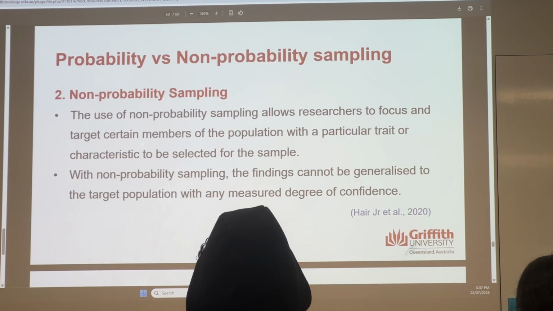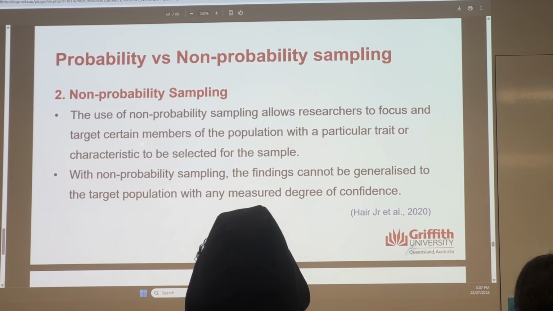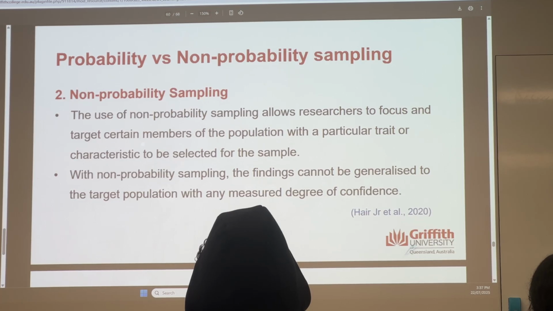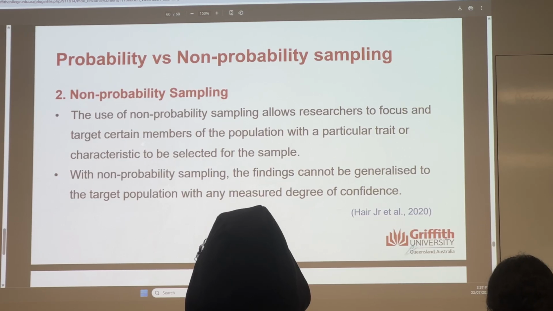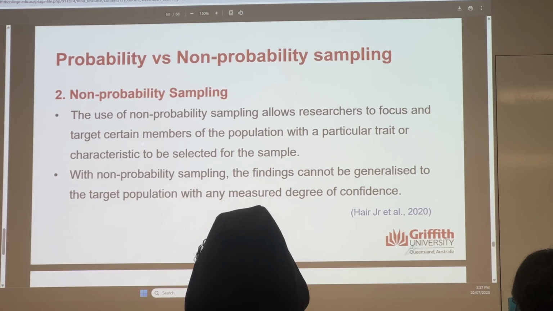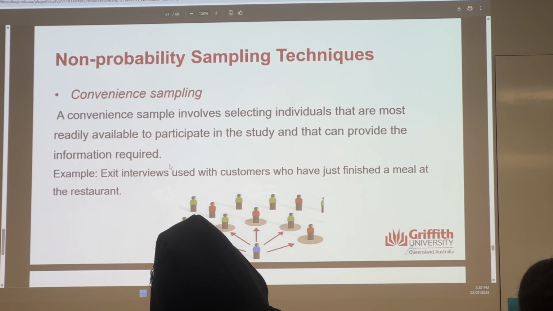This one is probability versus non-probability sampling. Earlier we picked randomly but organized in different ways. Now we use non-random sampling, for example convenience sampling.